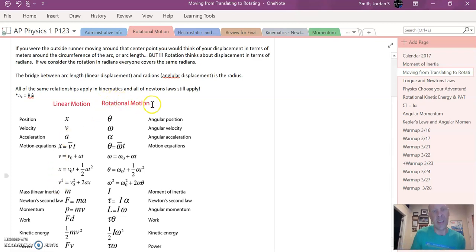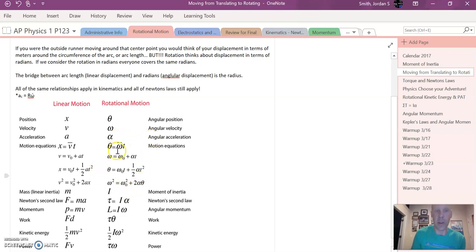We go over to rotational motion, and rotational motion has basically the same ancillaries, only instead of measuring in meters, we now measure in radians. So instead of position, we measure angular position, in radians, angular velocity, in radians per second, and angular acceleration, in radians per second squared.